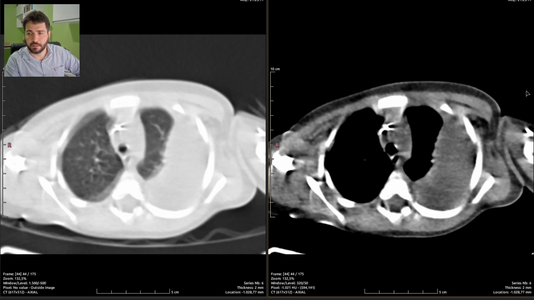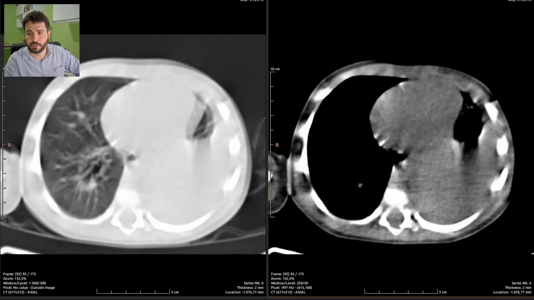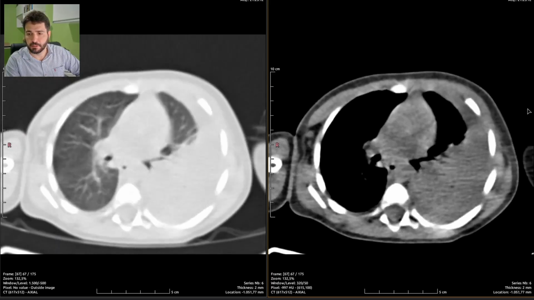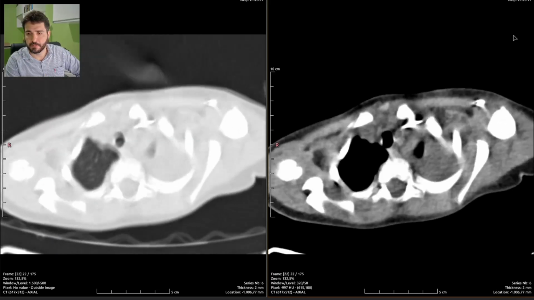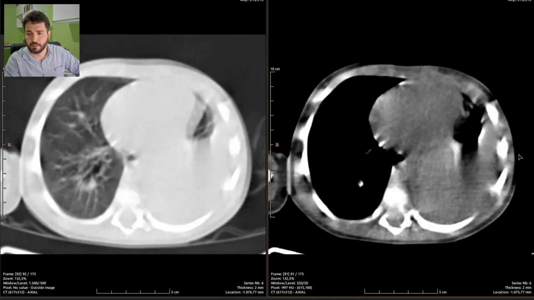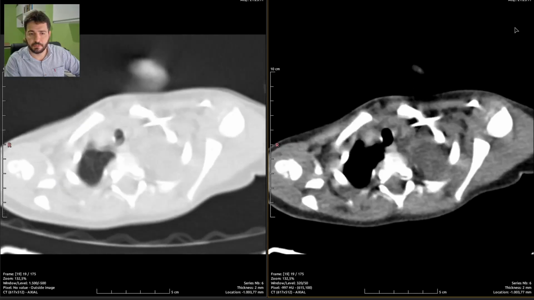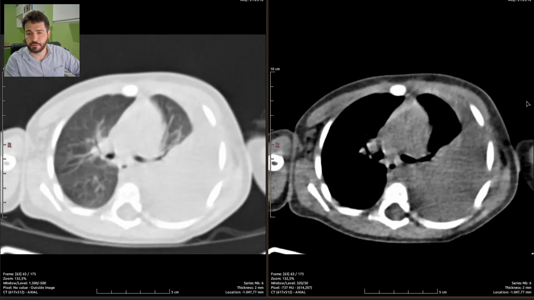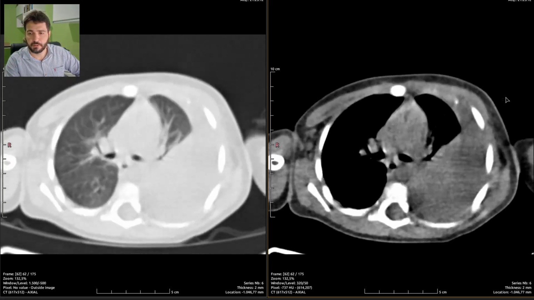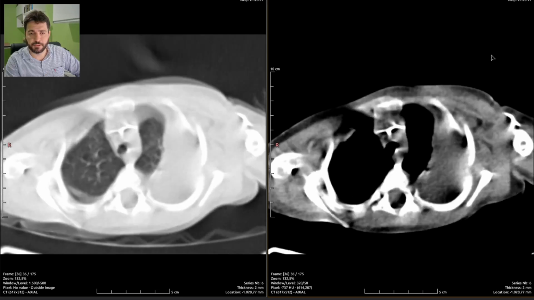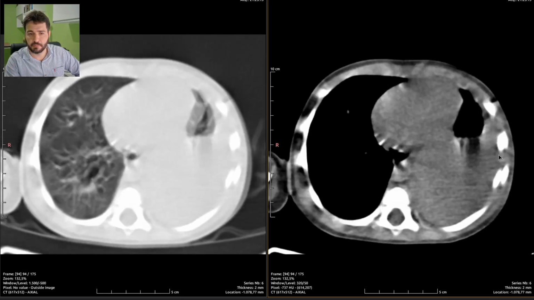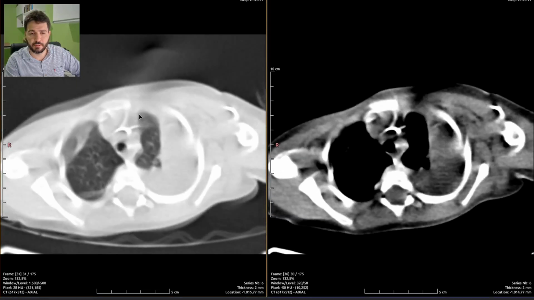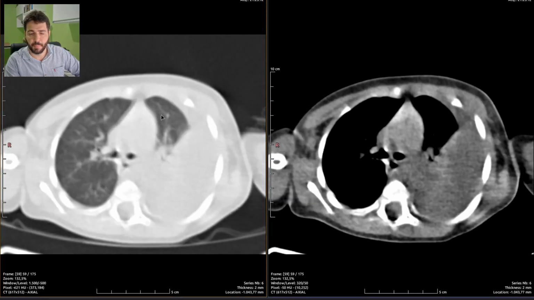Oh, there is a huge loculated, huge heterogeneous left-sided pleural effusion and almost complete collapse of the left lung with a bit of preservation of the upper lobe.